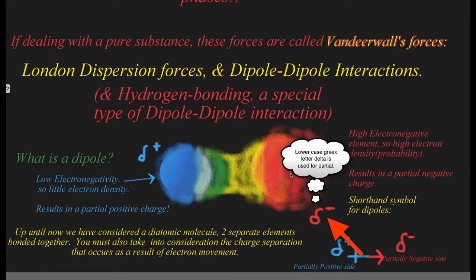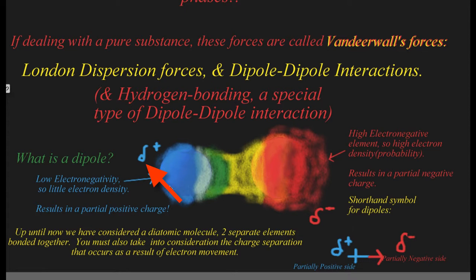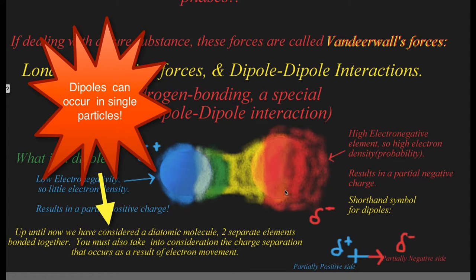The one that's got the higher electronegativity will have a partial negative sign, or a delta negative, and the one with lower electronegativity, since there's not that much electron density around it, it will be partially positive. So up until now, we've been looking at just the interaction with two particles or two elements within a molecule.